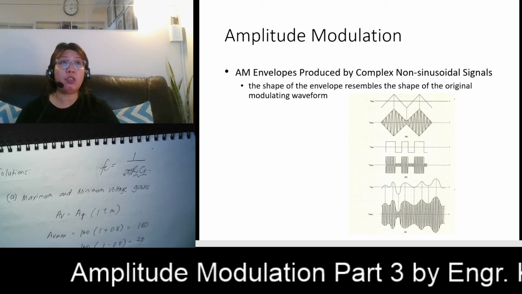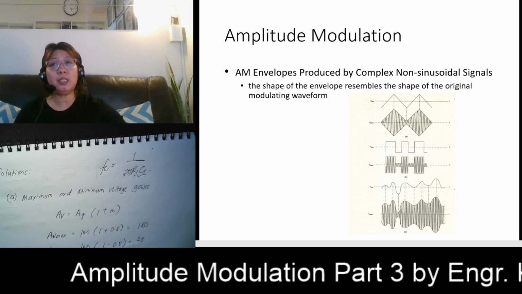They are either in a square, rectangular, or triangular waveform. Complex modulating signals can also contain two or more unrelated frequencies, for example, voice signals that originate from different sources.